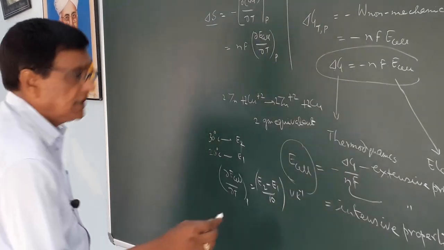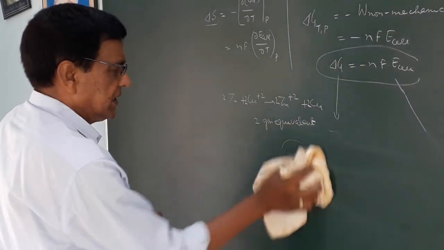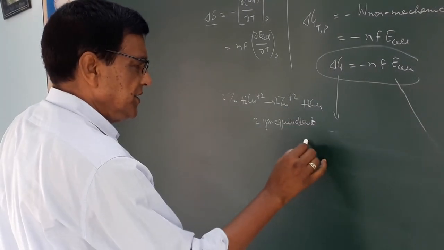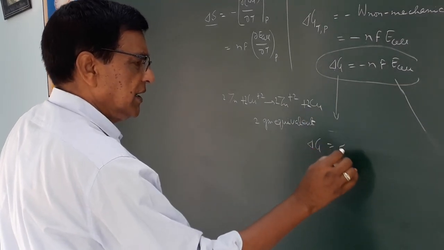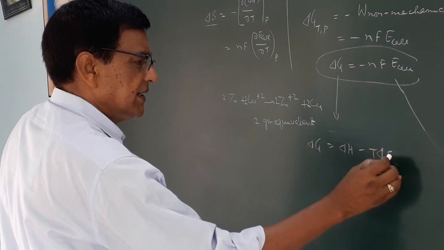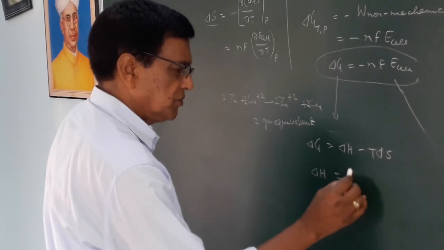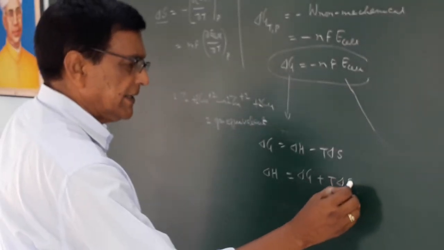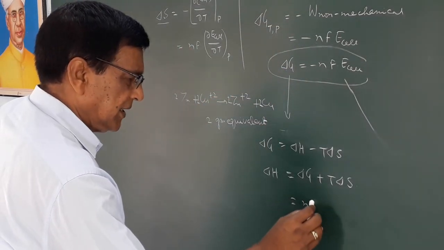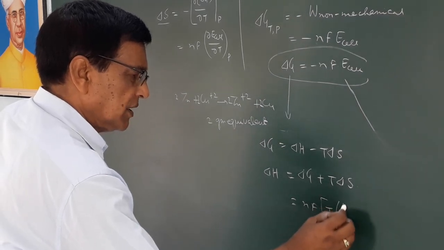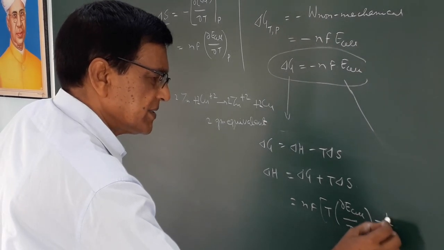Another thermodynamic property is delta H. Delta G equals delta H minus T delta S, and so delta H, the enthalpy change of the cell reaction, equals delta G plus T delta S. If we put in delta S and delta G here, it will give you nF times T times the derivative of E cell with respect to T, minus E cell.